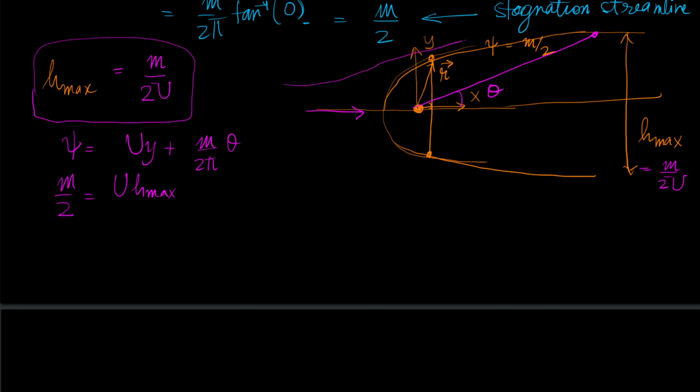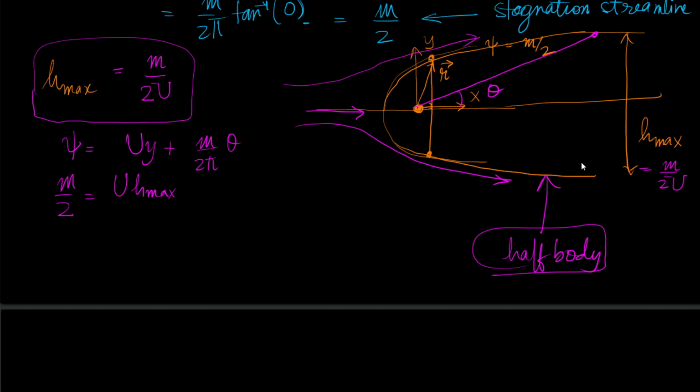This entire situation can be considered to be a flow around this half body. This kind of object is called a half body. The half body is determined by the stagnation streamline. There is no flow into the half body, and whatever flow originates inside the half body also remains trapped within the half body.